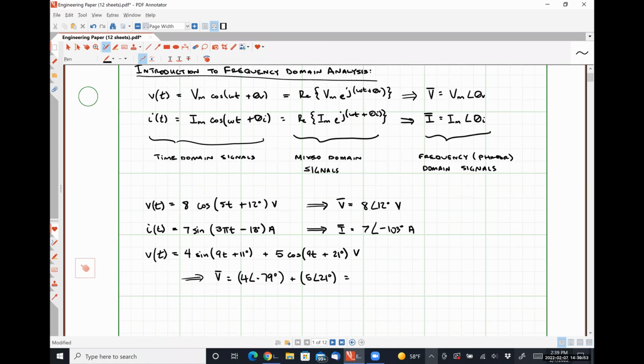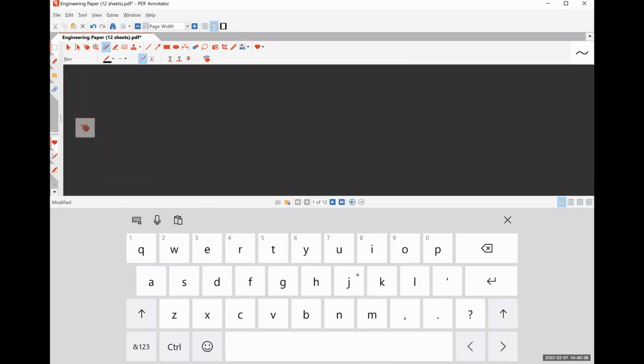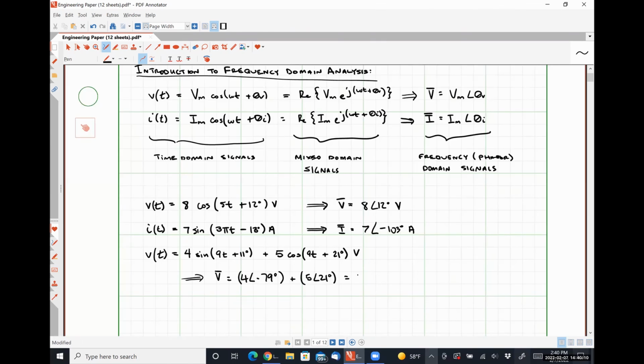And if I do that math, I get, sorry, don't know what happened there, 5.836 angle negative 21.457.